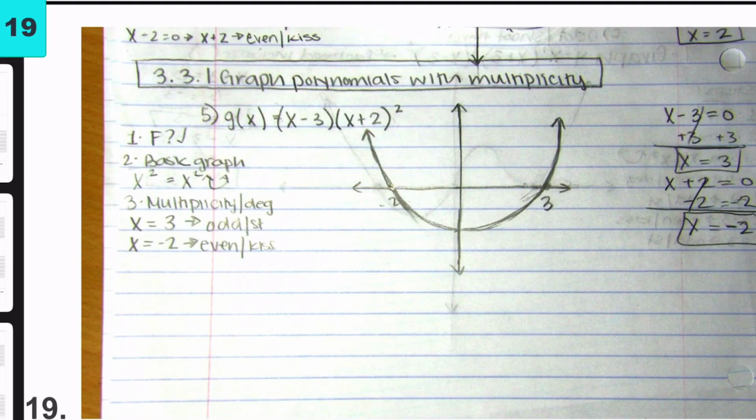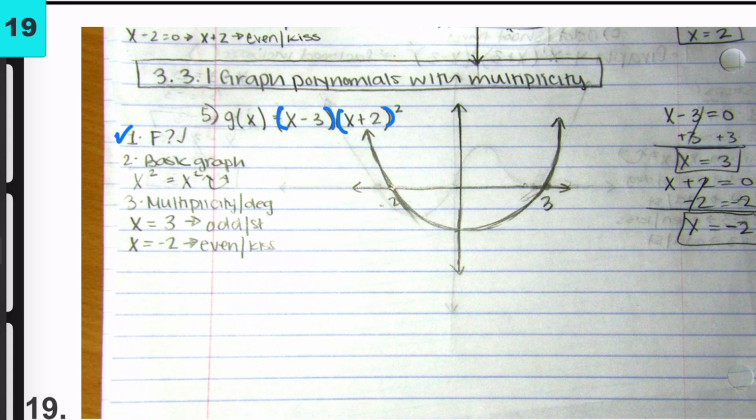All right, in question number 19, let's see what we have here. The student was supposed to graph x minus 3, x plus 2 squared. Now this function is called g of x. Now the student knew that it was factored because they have parentheses.